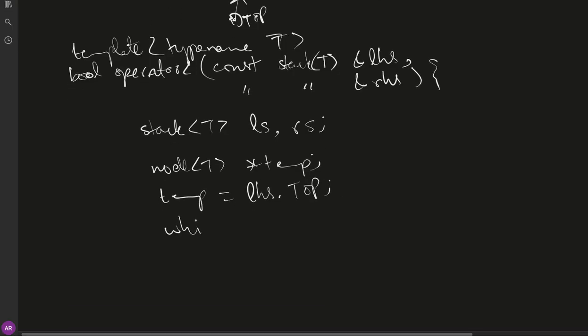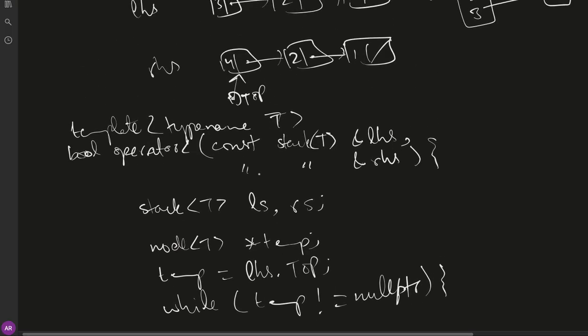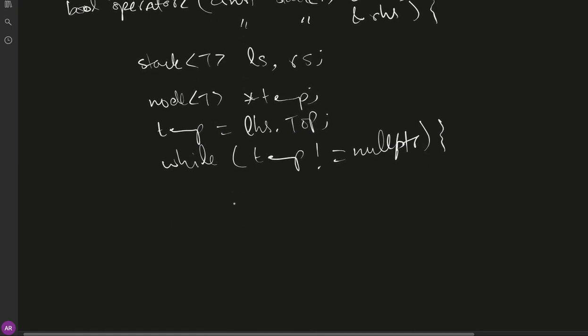and while temp does not reach the end, that would be represented by nullptr, what do we do? We take the value pointed by this temporary pointer, right? We put it into the temporary stack, and then we move temp to the next node, and then to the next node until we reach the null pointer.